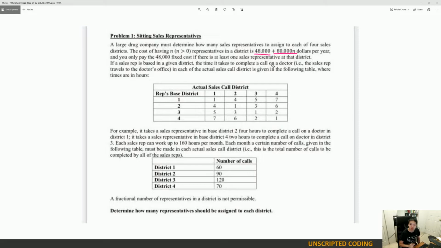When you look at any of these numbers, 5, these guys are 5 times less efficient than having a sales rep in that place. And the fixed cost is less than the cost of one representative. So it seems to me right off the bat, it makes very little sense to actually hire 2 people, say in base district 2, so that it can service district 2.